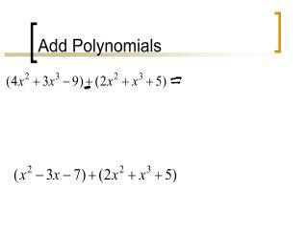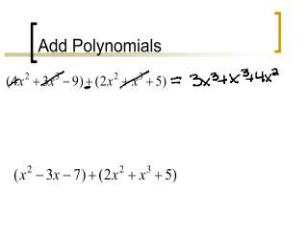So we have 3x cubed from here, and then plus x cubed from here, and then we have 4x squared, and I don't know if I'm going to have enough room, so I'm going to carry it down. So here, plus 2x squared, and then we have minus 9 and plus 5 left.